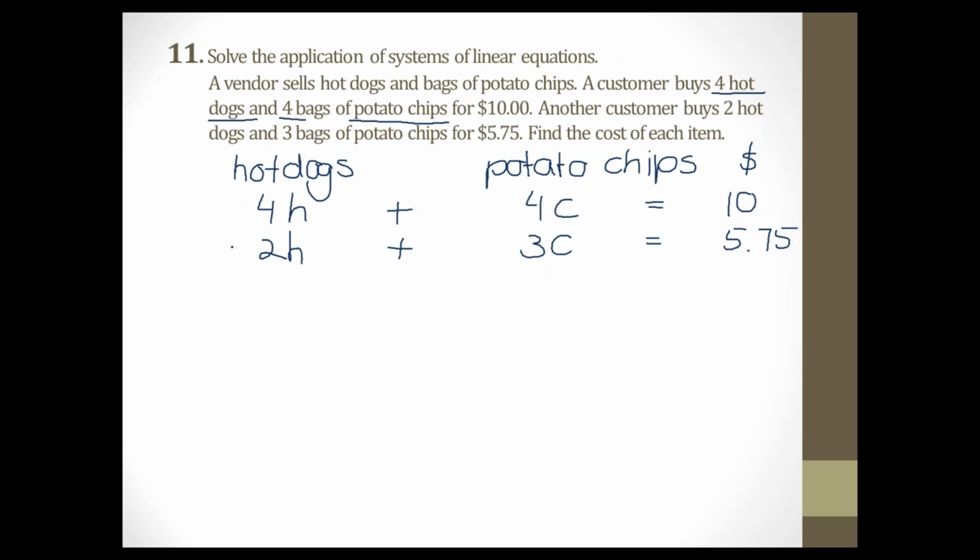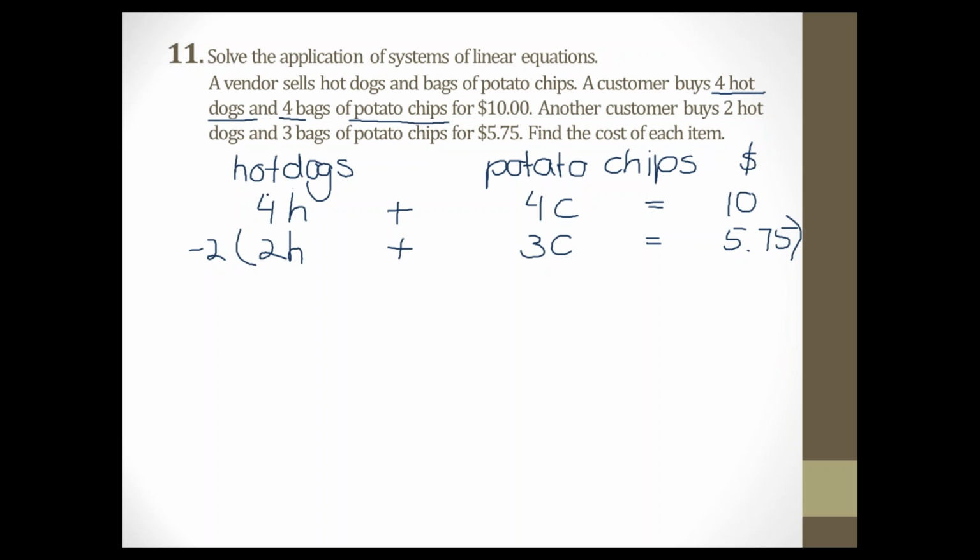And for the elimination method, like it says, one of the variables needs to be eliminated or cancel out. In my case, none of the variables are the same or opposite coefficients. So I'm going to choose the second equation, and I am going to multiply it by a -2.